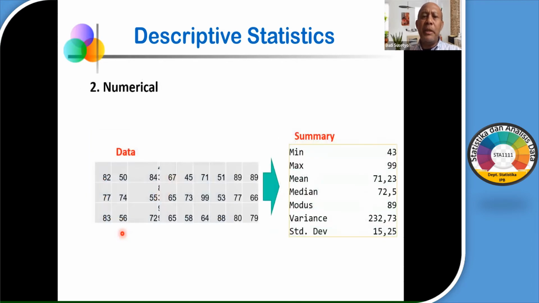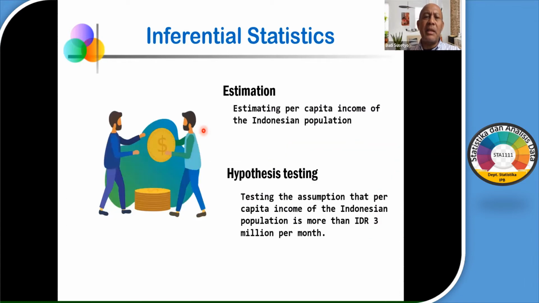You just show the summary of the data: minimum, which is 43, maximum, mean or average, median, mode, variance, standard deviation. This is still in terms of the descriptive statistic.